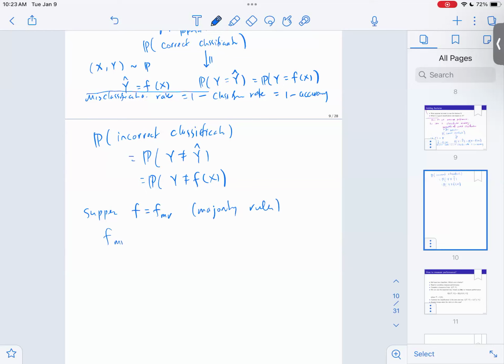This was identically equal to 0 for all x. So what would be the probability that y is not equal to f majority of x? This is always 0, so the probability that y is not equal to 0.